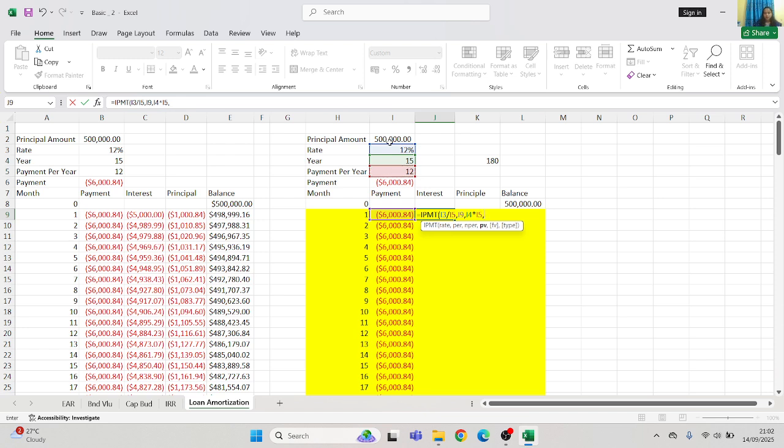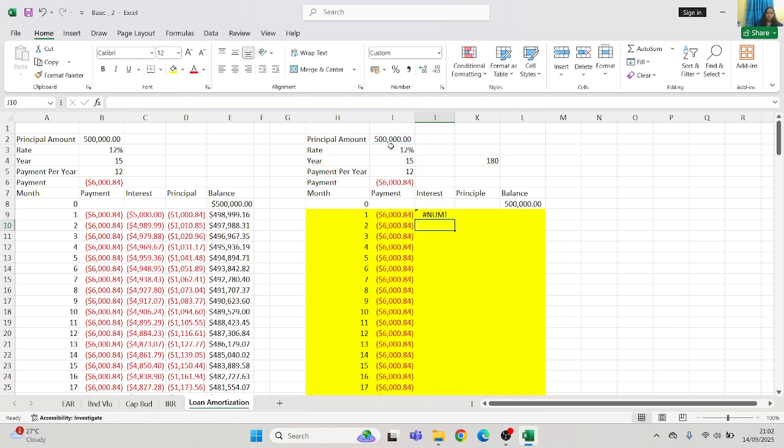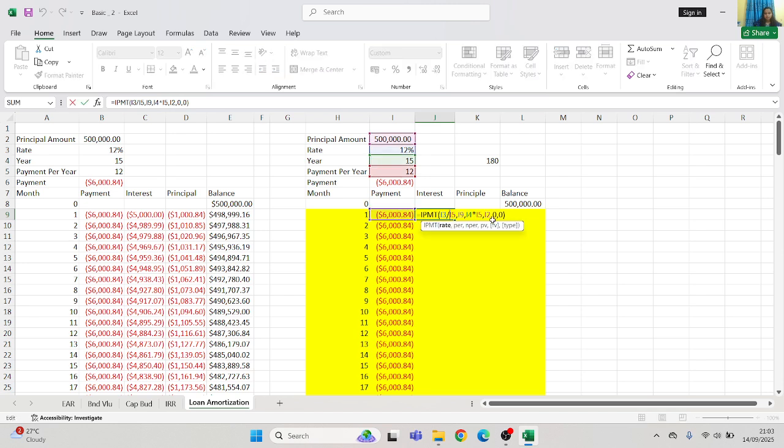PV 5 lakh. FV is 0, type end of the period, type tab, then we close our bracket, then press enter. We have to freeze them.